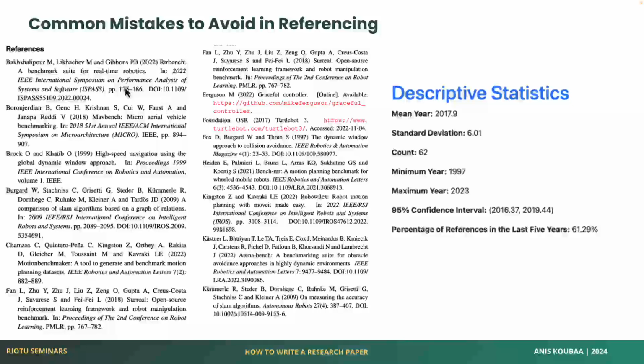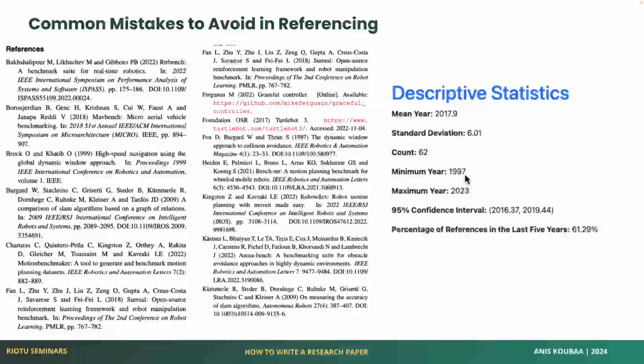There are some issues about consistency, like some of the papers have a DOI, some others don't. But the first thing that we would analyze is the recency of the references. And this is a descriptive statistics. It shows that the mean year is 2017, the standard deviation is 6 years, and there are 62 references.